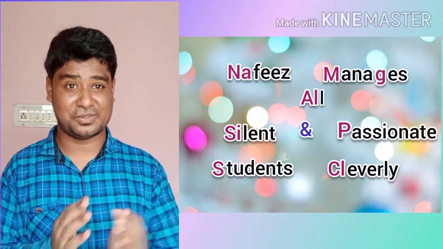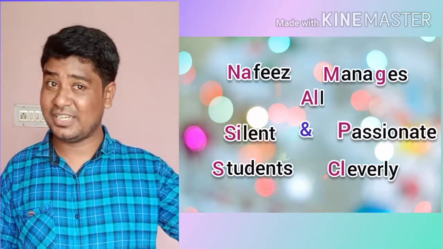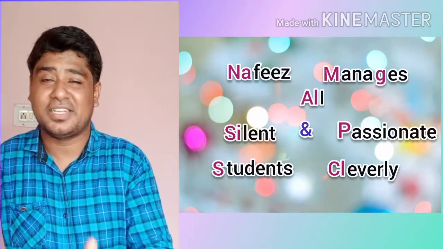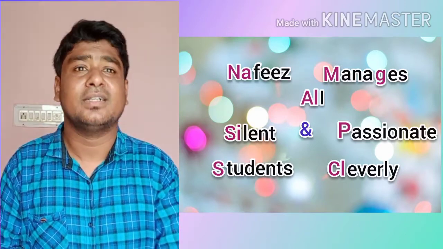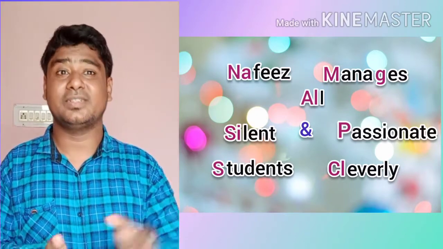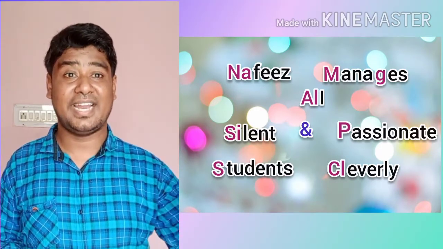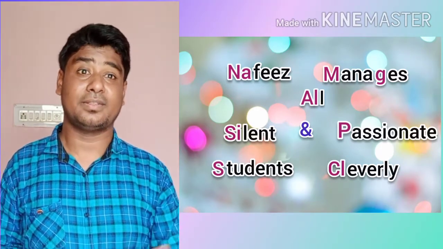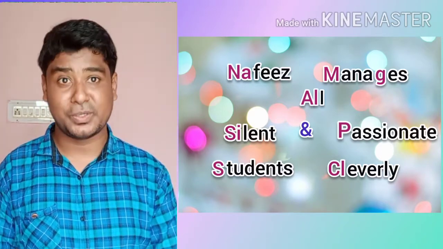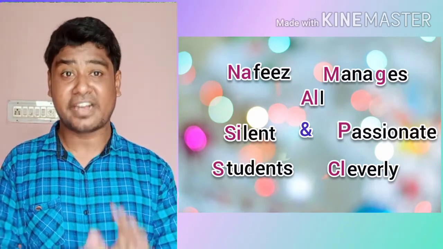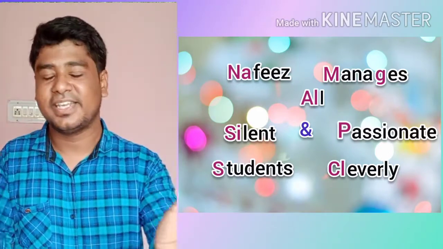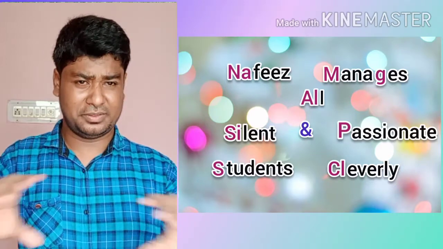Manages, so Mg together, you can see I have highlighted here, Mg, magnesium is the second. All, Al, aluminium. Then silent, Si, silicon. Then passionate for phosphorus, students for sulfur, and clever for chlorine. That is P, S, and Cl to be taken from that as symbols. So this you can remember.